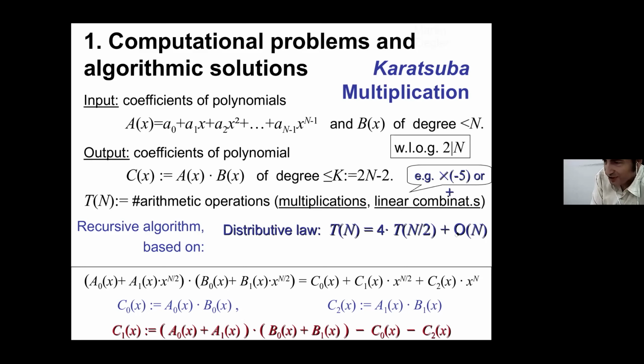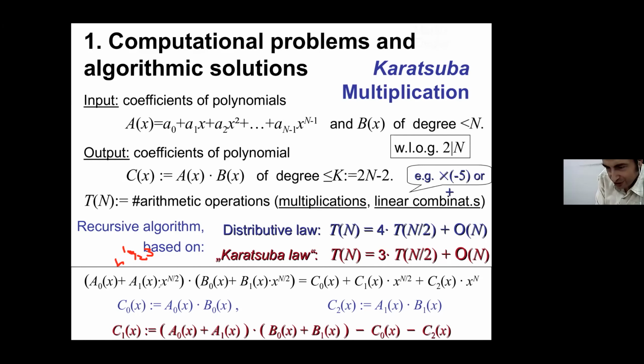The additions always give you something which is O of n, so the additions do not matter up to a constant. The multiplications decide the main part of the complexity, because when you reduce the number of multiplications, this factor reduces, and when you plug it into the master theorem, this reduces the exponent of n. So you get n to log 2 of 3 instead of n squared.